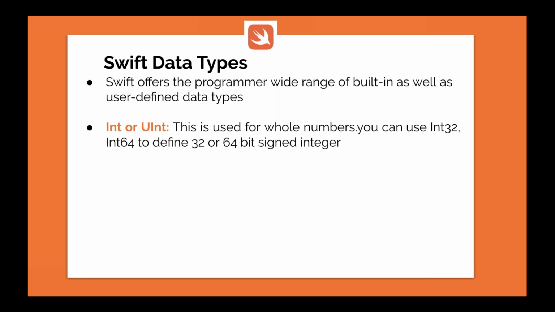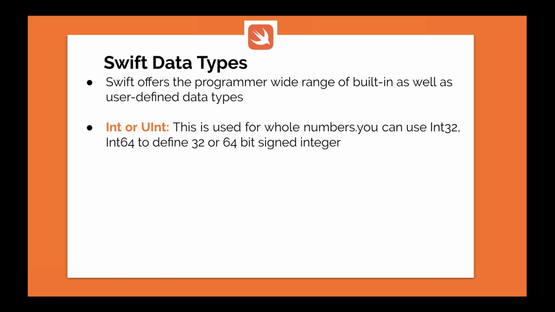Then one more question: it depends on the device. Let's say I'm using the iPhone 5 series or iPhone 6 series. Those are compatible with 32-bit only. That means if I deploy an application on a 32-bit processor, then my integer size will be considered only 32-bit data.